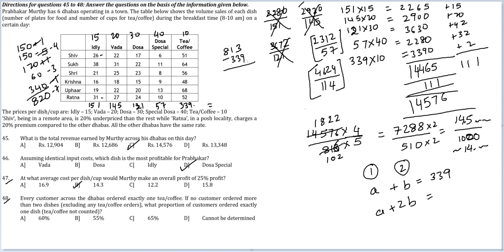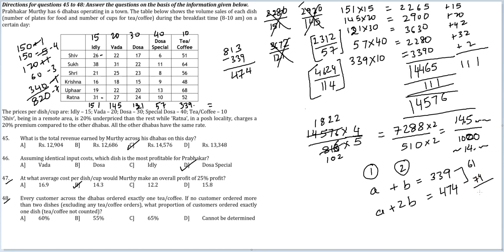Let's do this. 3 minus 12, 3 minus 9 is 4. 80 minus 33 is 47. So 474. This is what I got. Now see, what does this give you? The difference between these two numbers is how much? 339 to 474.